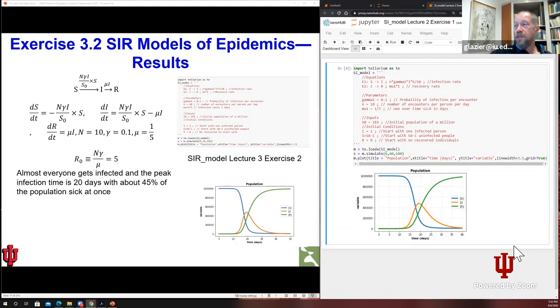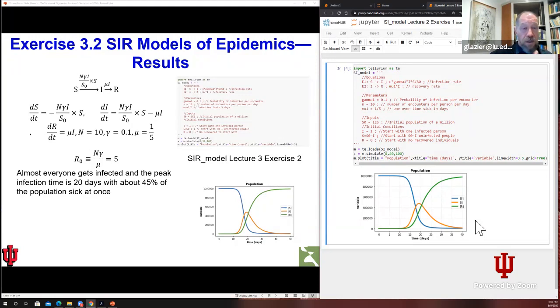The second thing that we see is that the maximum number of infected individuals in this case is about 45% of the population. And we're going to see some simulations where even though the majority of people eventually get sick, the number of people sick at any given time isn't that big.